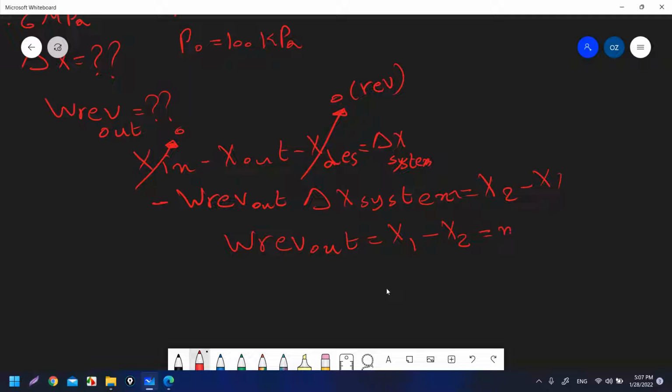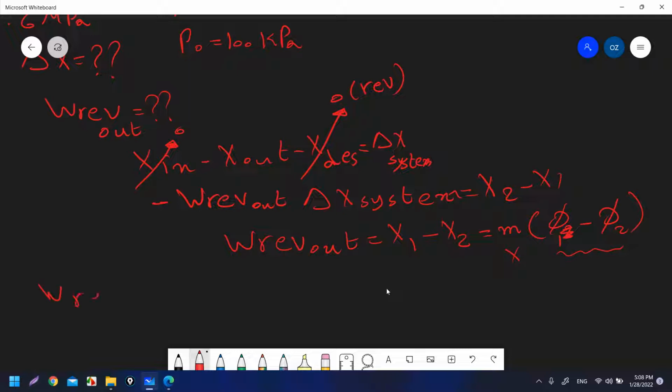X1 minus X2 is in kilojoule. We usually substitute this with m times phi 1 minus phi 2, which is in kilojoule per kilogram multiplied by the mass in kilogram, giving kilojoule. So I need to find the mass. I don't have the mass, so I have to substitute with the long equation that we know.